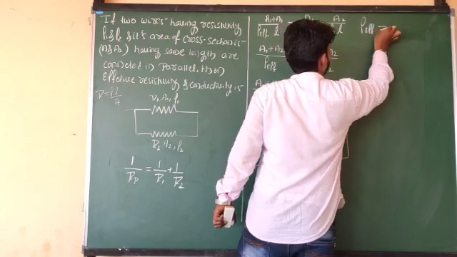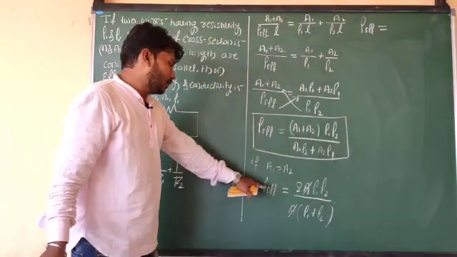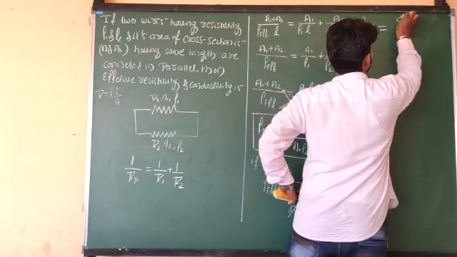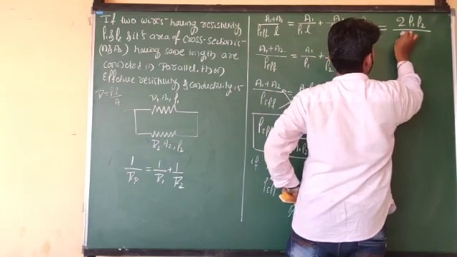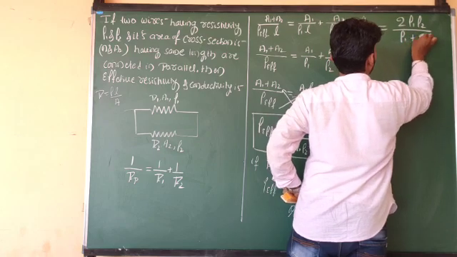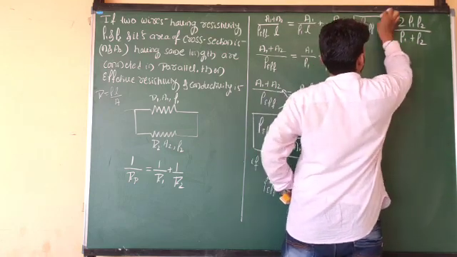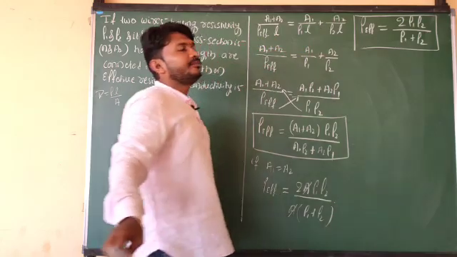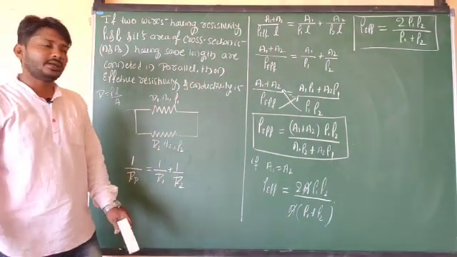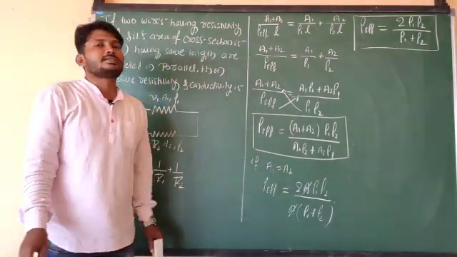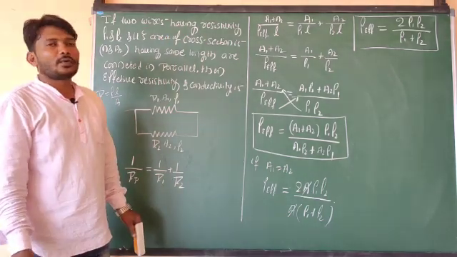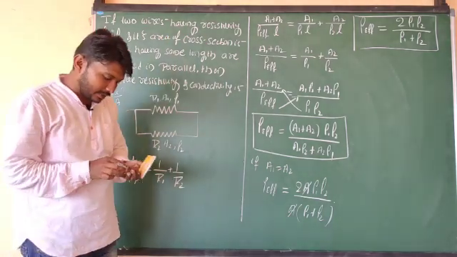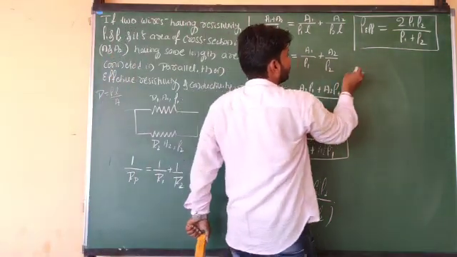So effective resistivity is equal to 2 times rho 1 into rho 2 divided by rho 1 plus rho 2. So this is the effective resistivity in parallel combination if the area of cross section of the two wires is same. So what is the connecting formula? 2 times rho 1 into rho 2 divided by rho 1 plus rho 2. Then what about its conductivity?